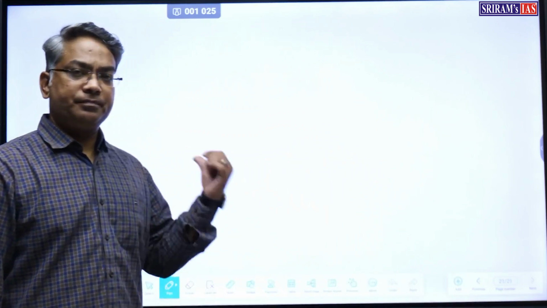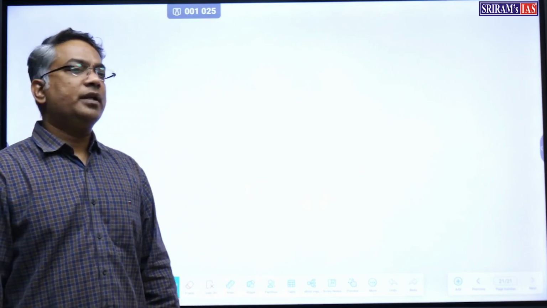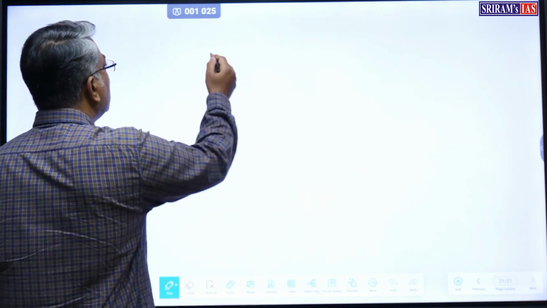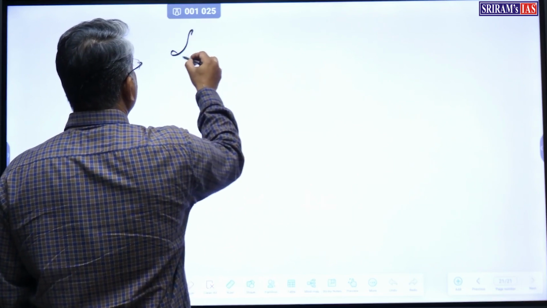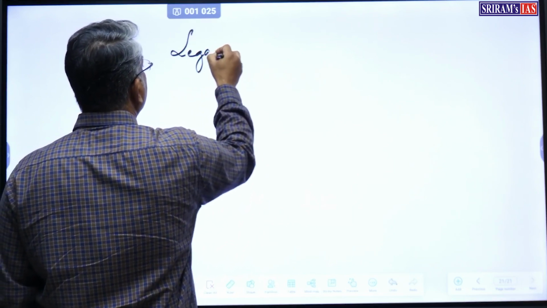So, having understood the reasons, now let us try to find out about the decisions of the Lok Adalat.